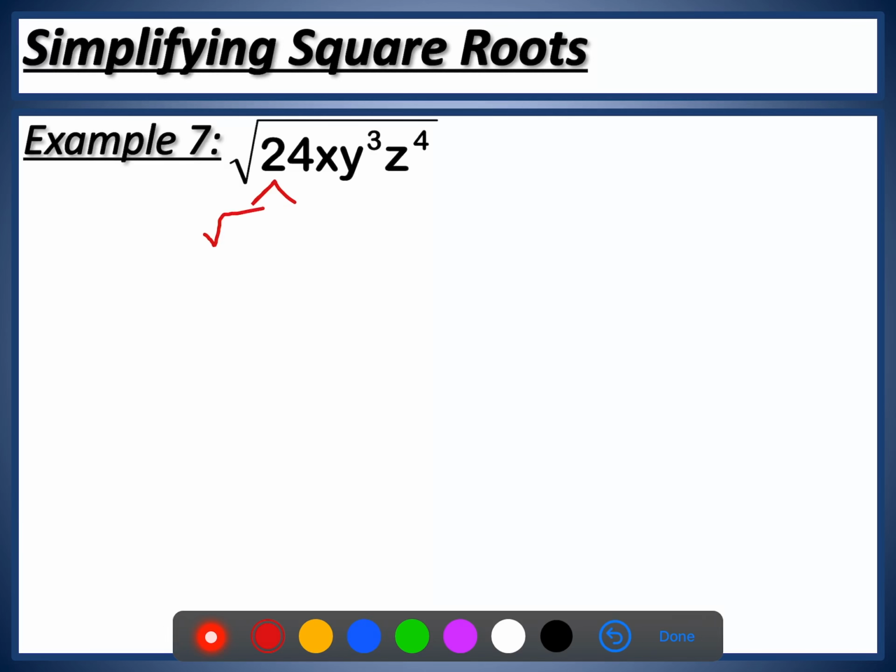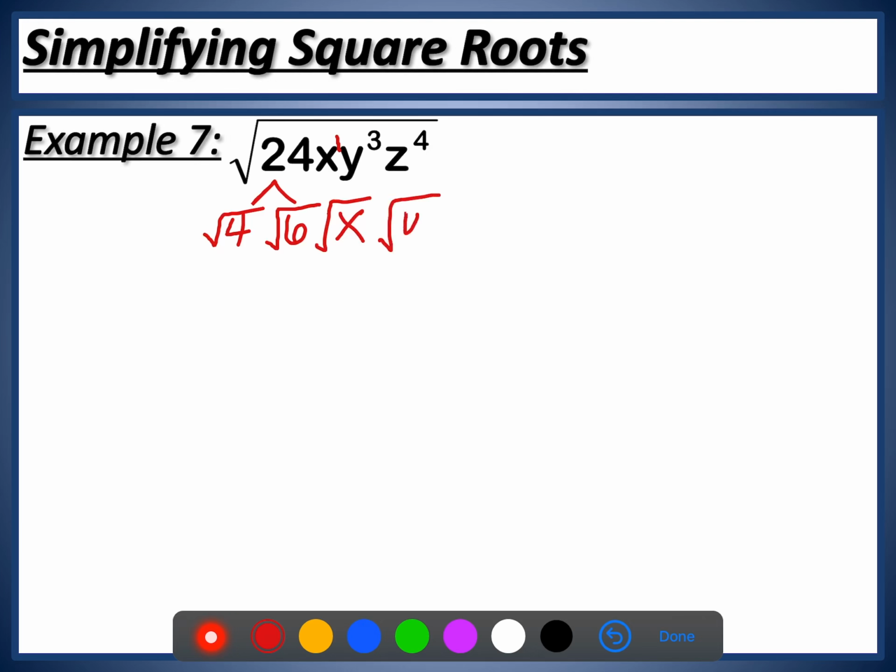Okay, if you want to pause your video and try and do this one on your own, it might not be a bad idea. So I'm going to use 4 and 6. Now I see I have x to the 1st power. I do not have enough to even break that down to try and take something out of the square root. So that's going to just remain inside there, and that's going to end up not coming out.